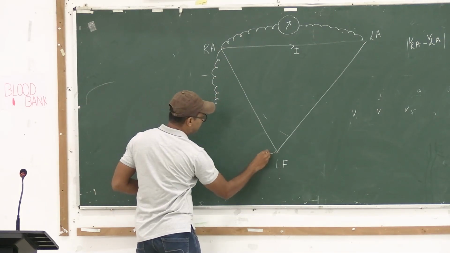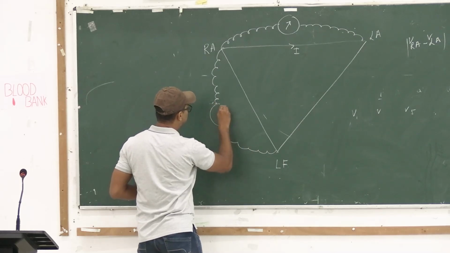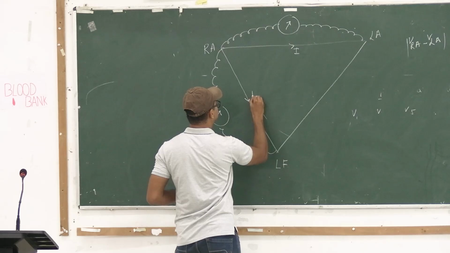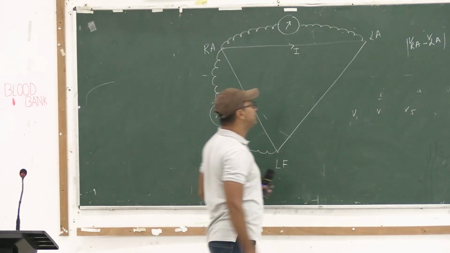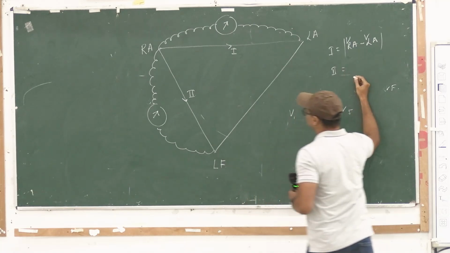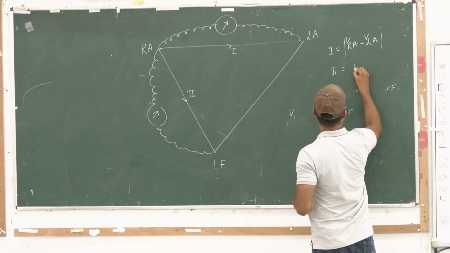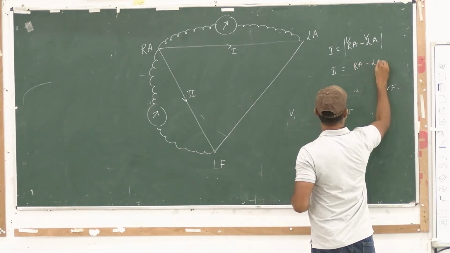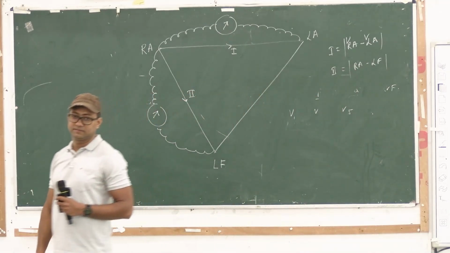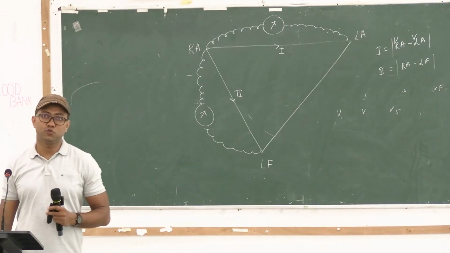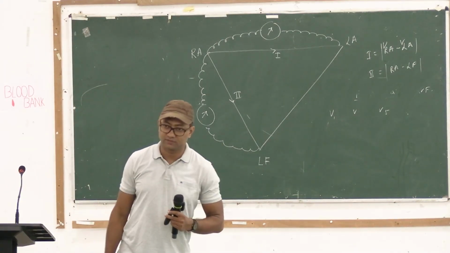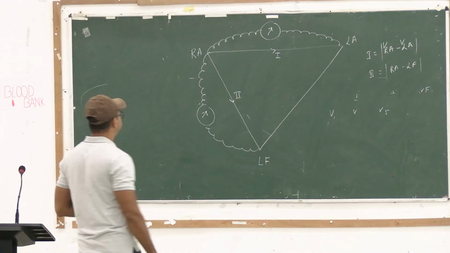Again take a copper wire, take another copper wire, connect with voltmeter, right? It is your lead 2. So lead 2 is the potential difference between RA and LF. Lead 2 measures potential difference between your right arm and left foot, right?